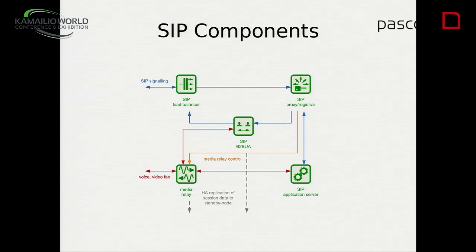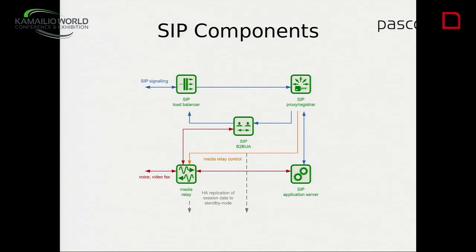Then we have SEMS, which acts as a back-to-back user agent and also provides some functionality like conference, so it can also be incorporated in the SIP application server, which basically stands for conference, bridge, and voicemail.